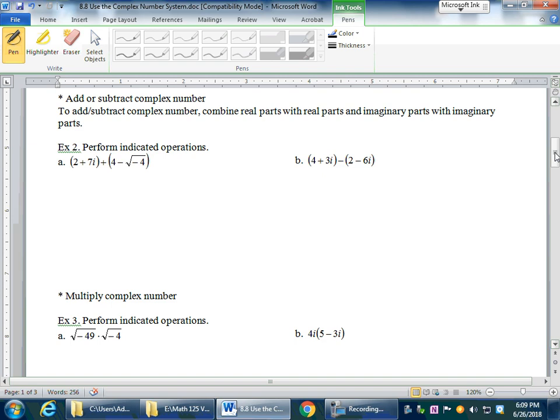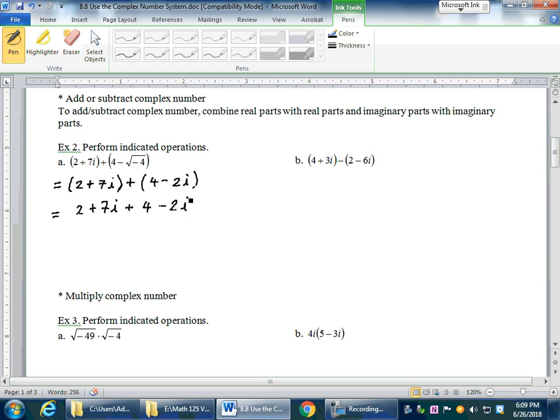Let's take a look at the first example. First, we have to rewrite it into imaginary notation, because in the second complex number, I can see that it is 4 minus the square root of -4, which is basically 2i. Now we can drop the parentheses and use the combining like terms idea.